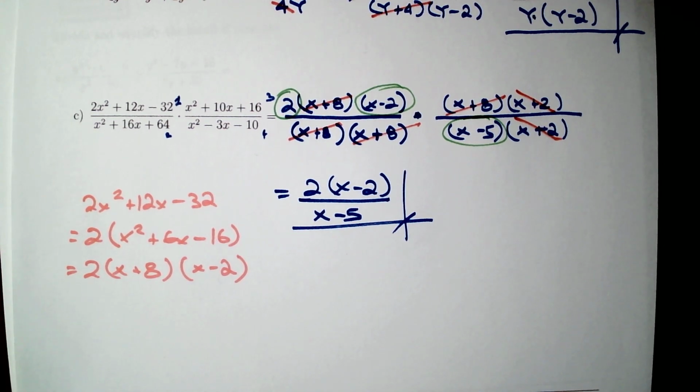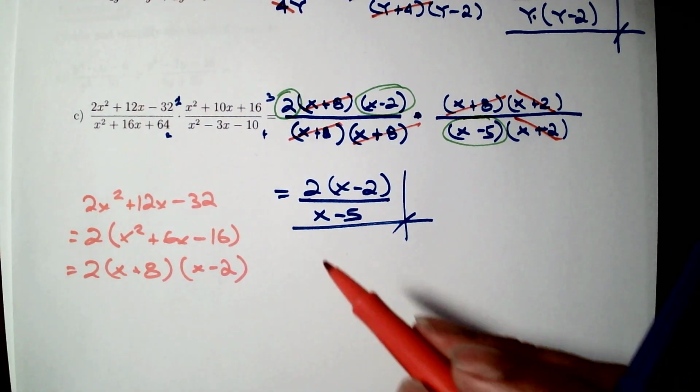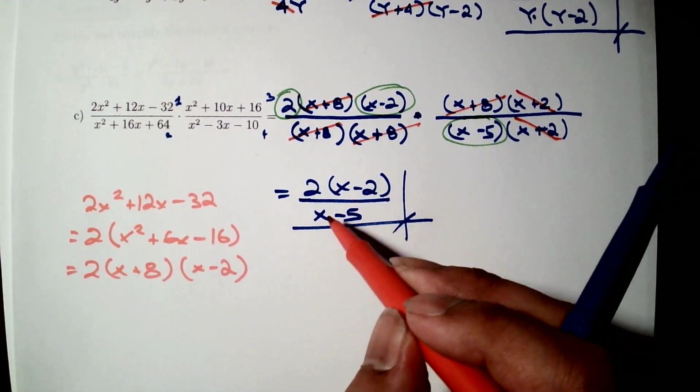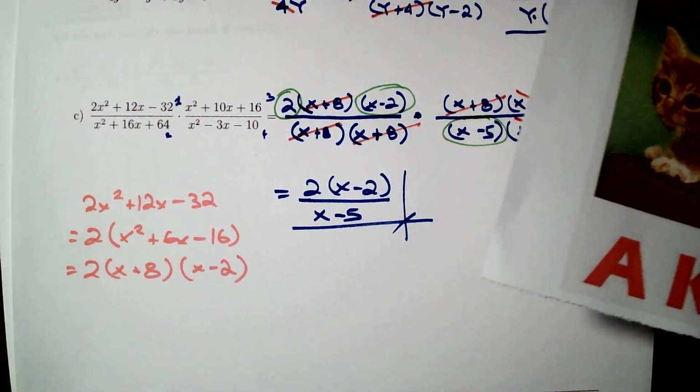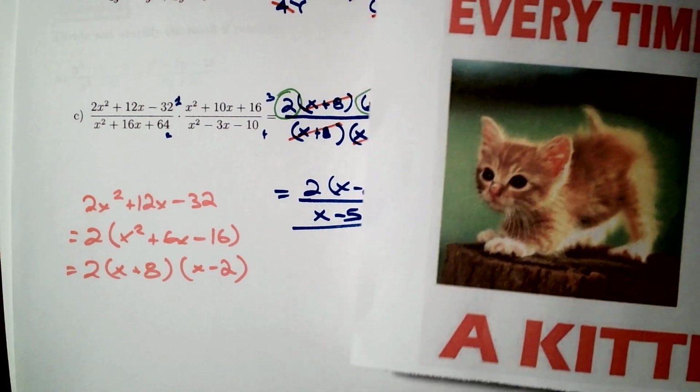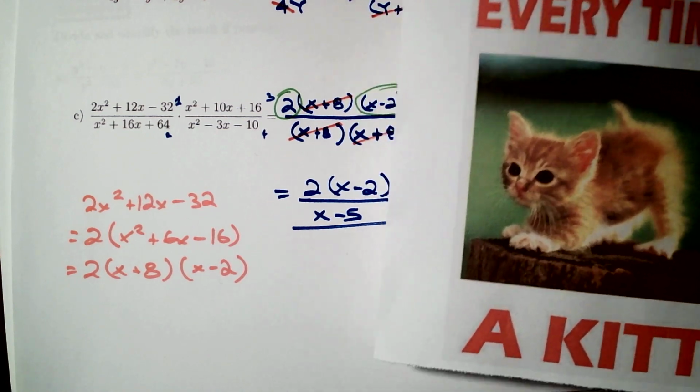All right, final answer. Again, can we cancel out these x's and call them a goodbye? We cannot. Kitty dies. Yep, the kitty dies every time we cancel out those x's.